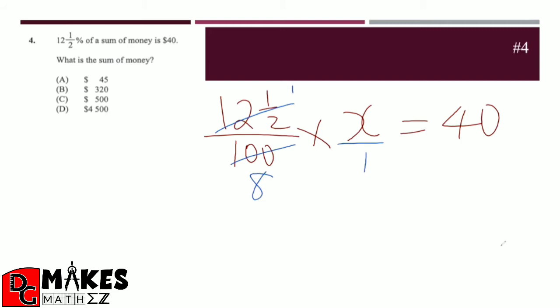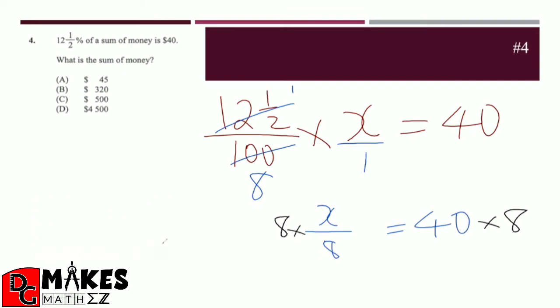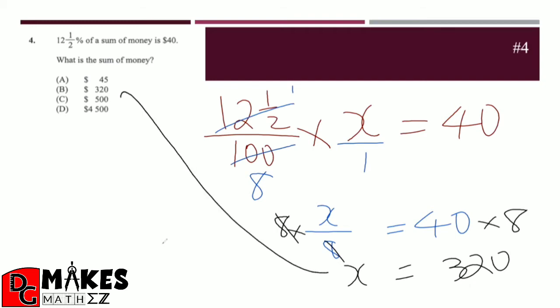So now we have X over 8 on our left-hand side is equal to 40. If I want to solve for X, then I need to multiply both sides by 8 to get rid of this 8, and we now have X is equal to 320. That would have been $320, or answer B.